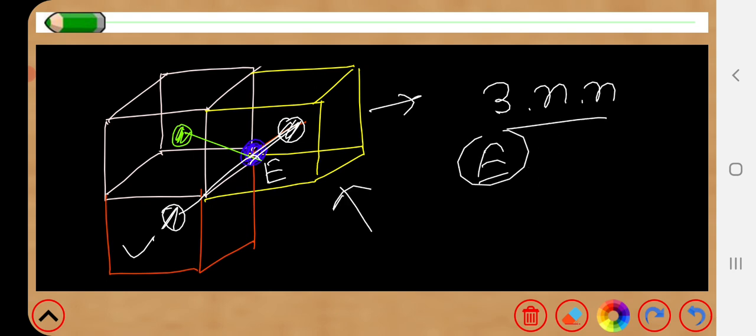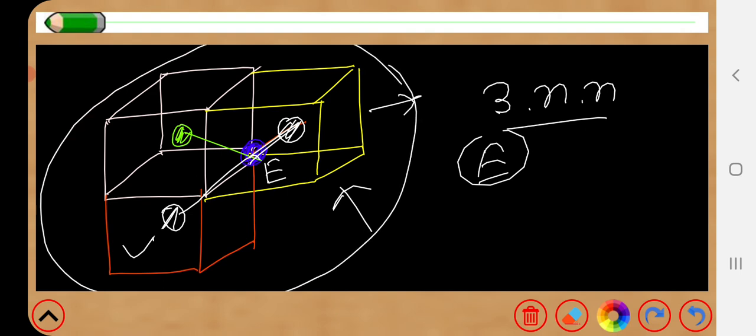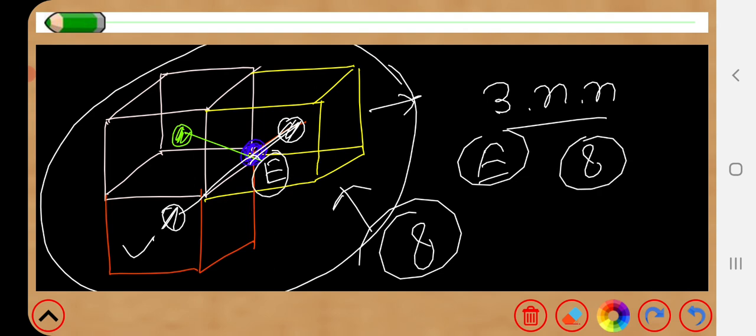Similarly, if we draw ultimately 8 unit cells, then we find there are 8 nearest neighbors for this E atom, and all these 8 nearest neighbors are the central atoms. Okay, so the coordination number for the BCC is 8.